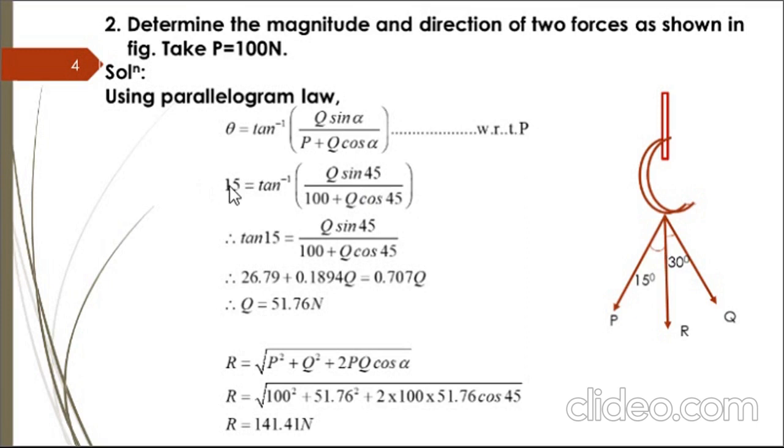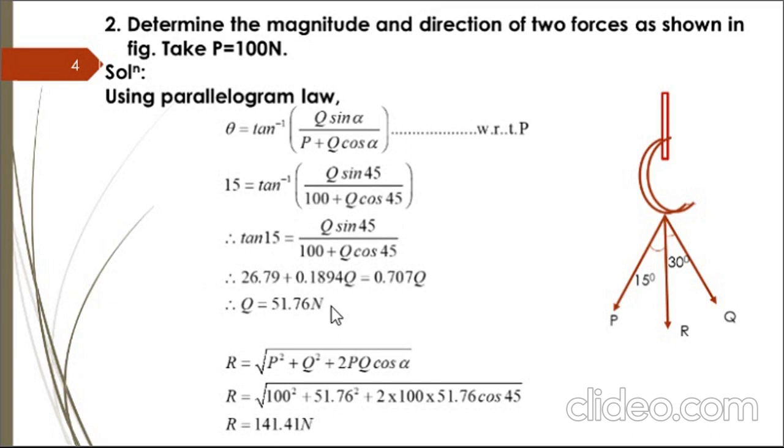Therefore substituting theta as 15: tan inverse of Q, the unknown force, sin of alpha, the angle between P and Q, so 15 plus 30 is 45 degrees, divided by P as 100 plus Q into cos of 45 degrees. Solving this equation we get the value of force Q as 51.76 Newton.